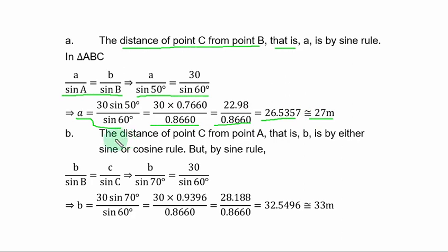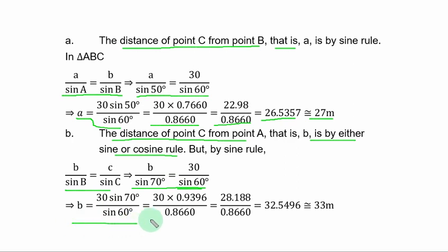B part of the question, the distance of point C from A, that is B, is by either sine or cosine rule. But by sine rule, you have it in this form. You replace the known side with what they stand for, cross multiply and divide both sides by sine 60 degrees for you to have B standing alone.